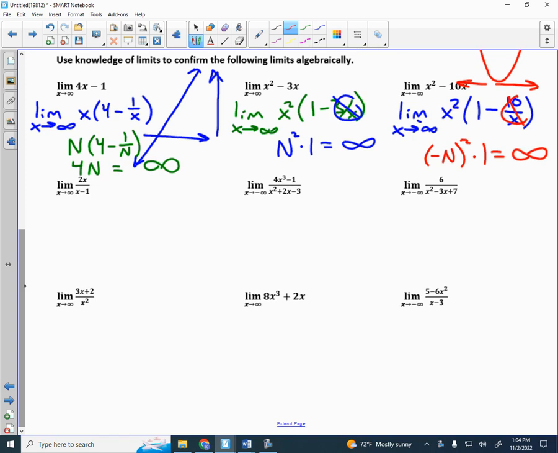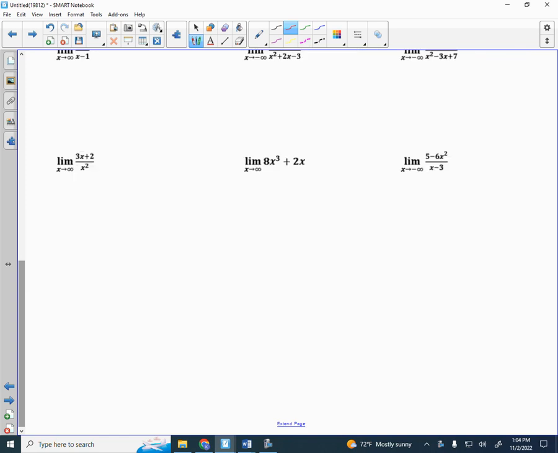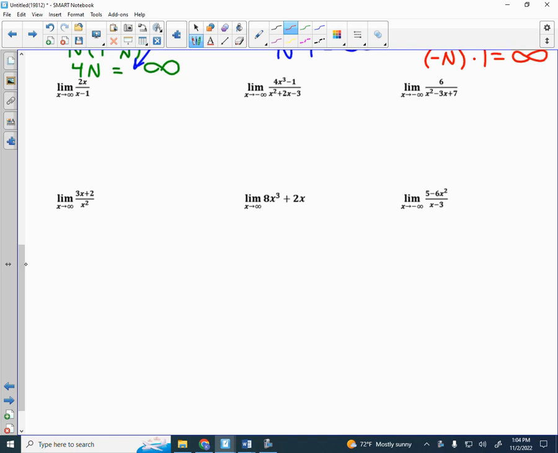Sometimes you don't know what the graph looks like, which would be the next example. We have 2x over x minus 1. We're going to take the common factor out of the top and out of the bottom. Limit as x goes to infinity of x times 2 over, what do you factor out of the bottom?